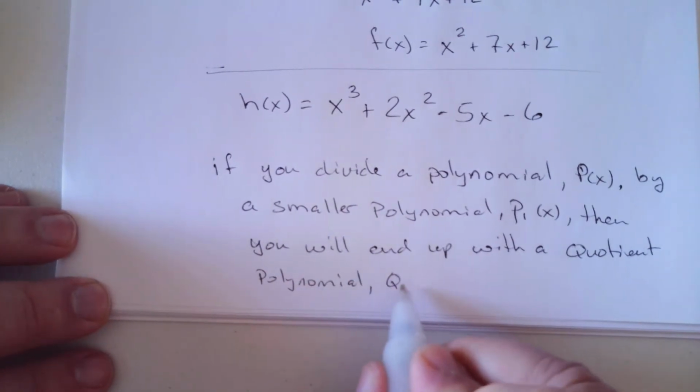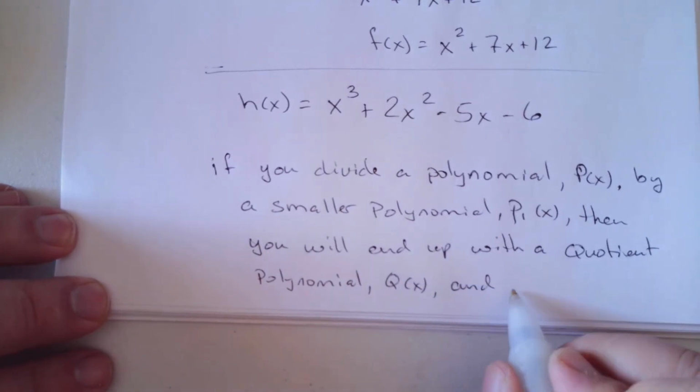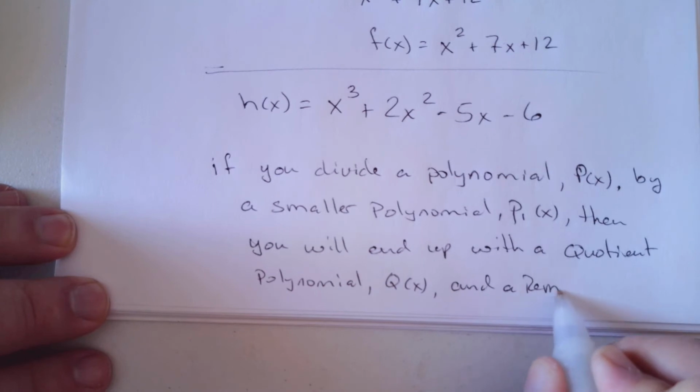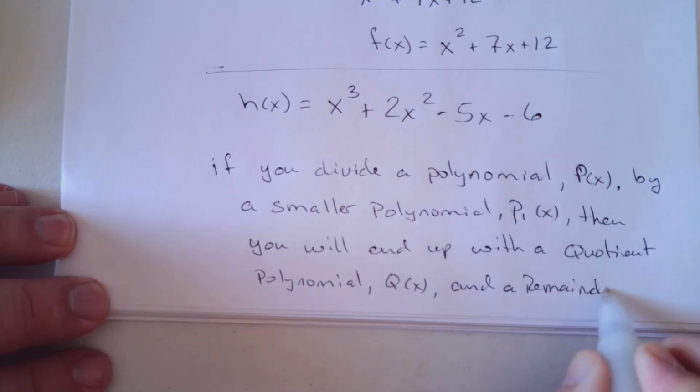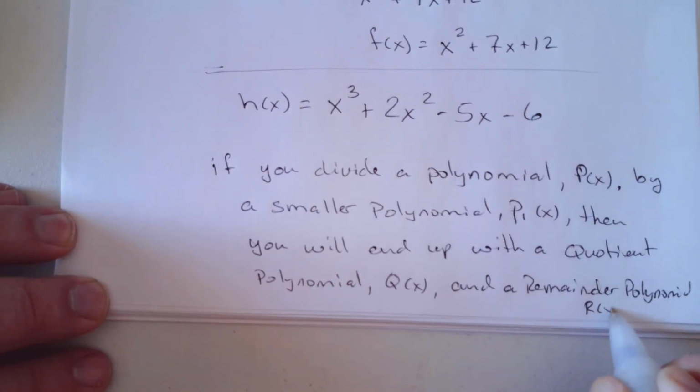We'll call that q of x, and a remainder polynomial. We'll call that r of x.